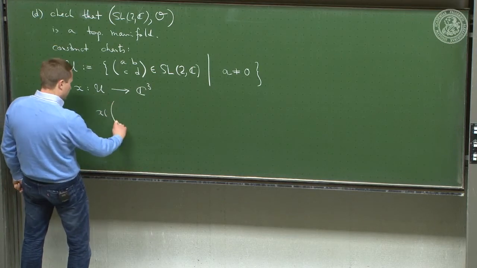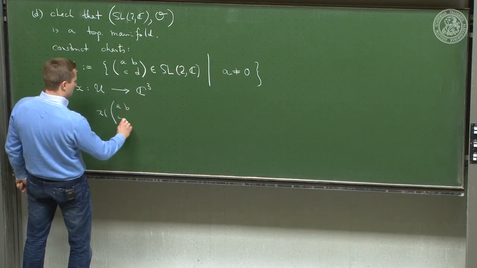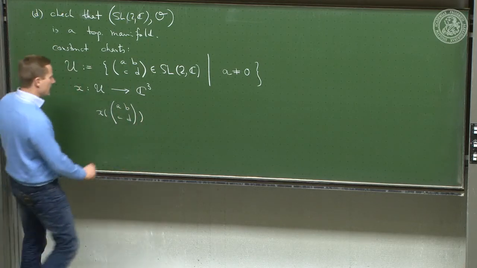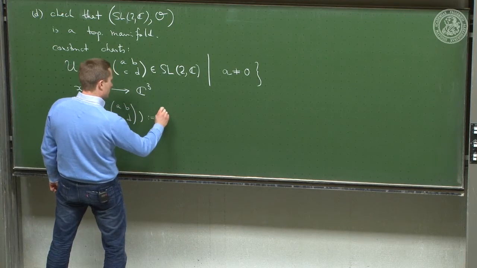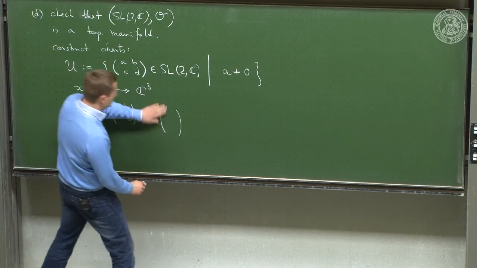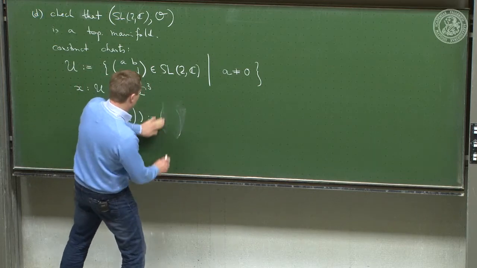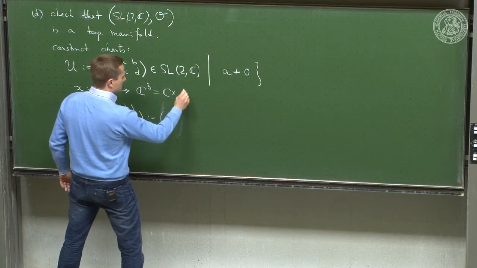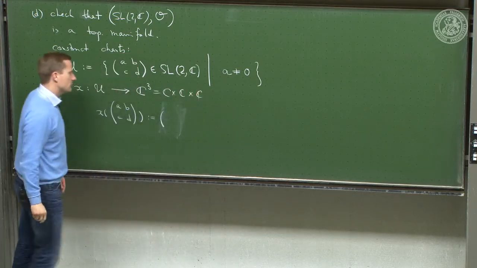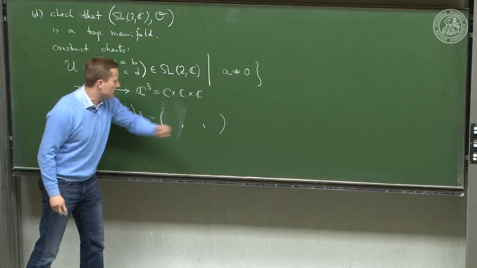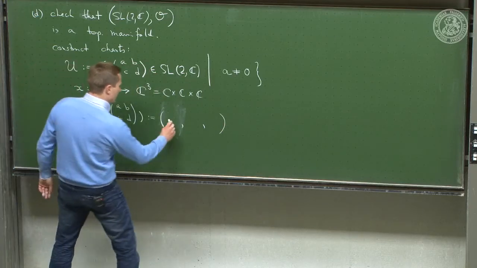It's a bit funny notation, but let's be precise. X eats such an element and I write it down as a tuple. This is C, C, C Cartesian product, so the result is a 3-tuple, and I choose A, B, C.